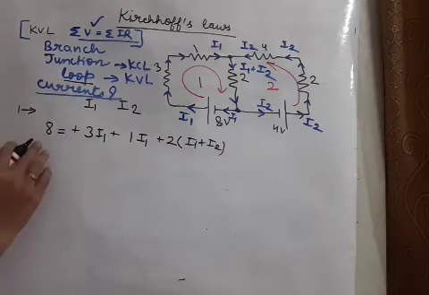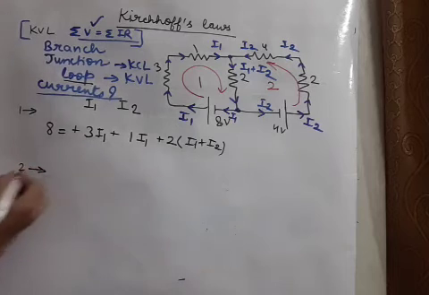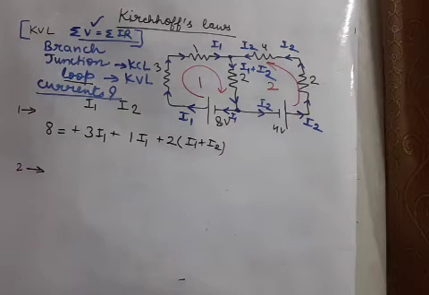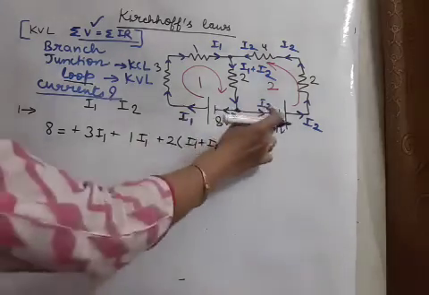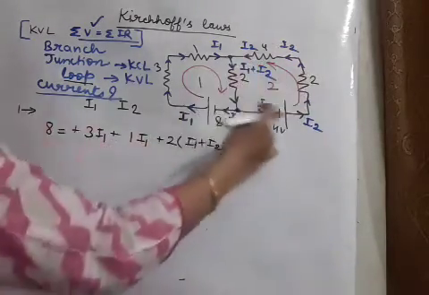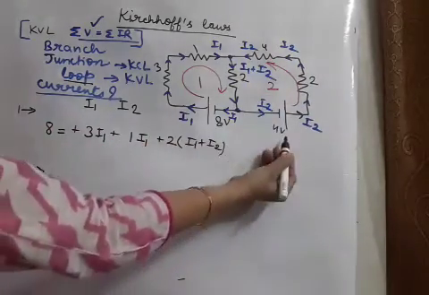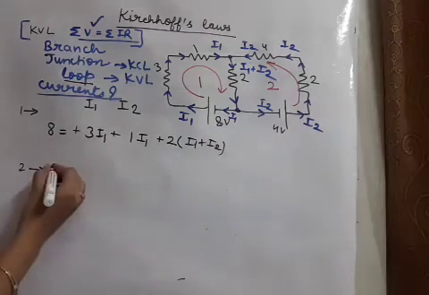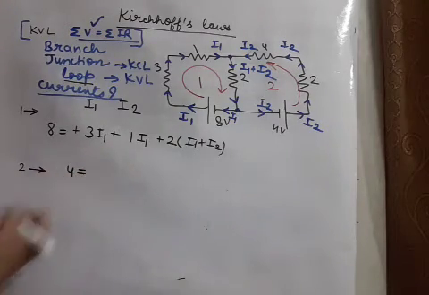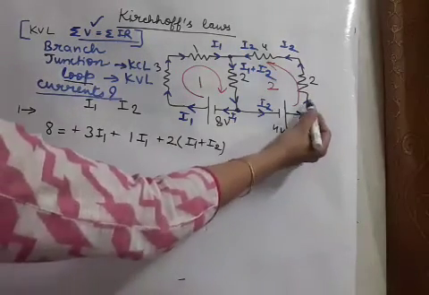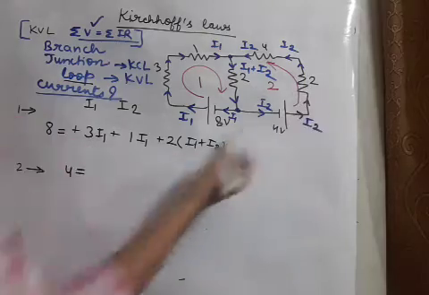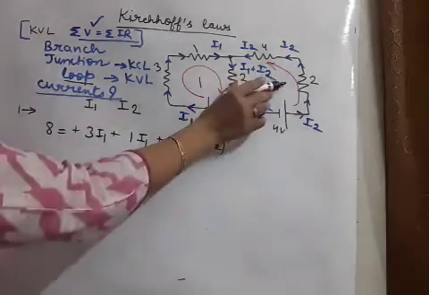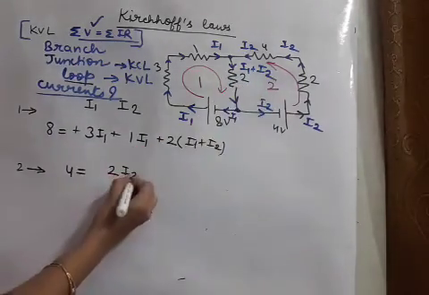Now let us apply KVL for loop number 2, that means only this loop. In this loop, the battery available is 4 volt. After that, moving from the positive, the first resistance appearing is 2, its current is I2.